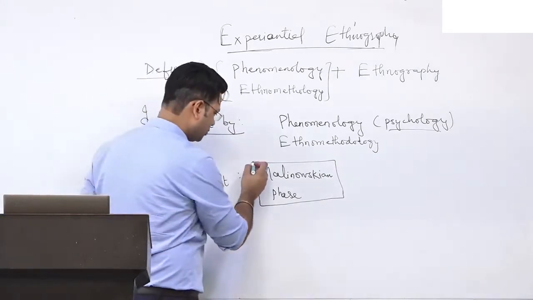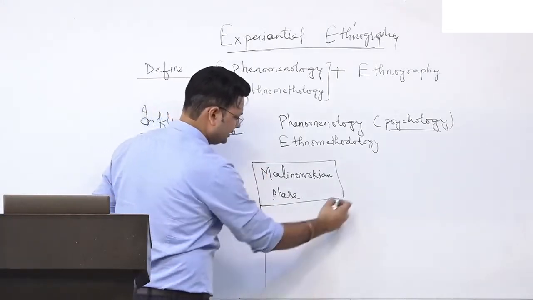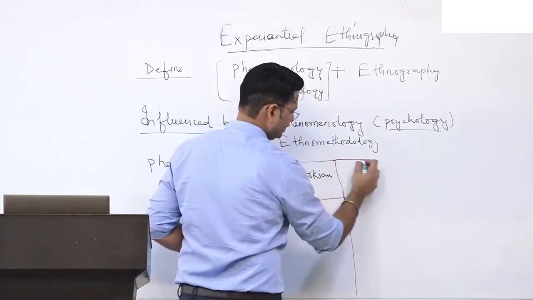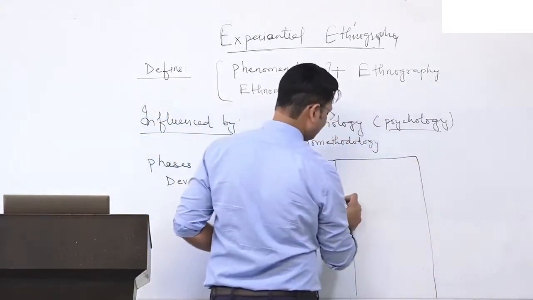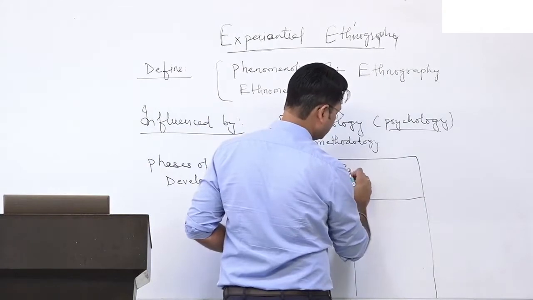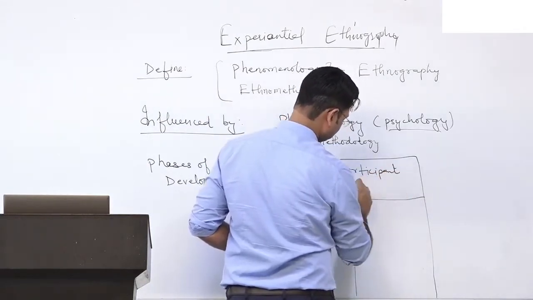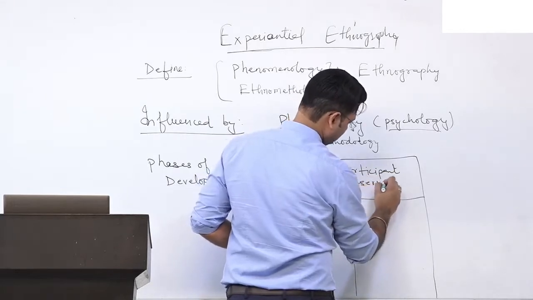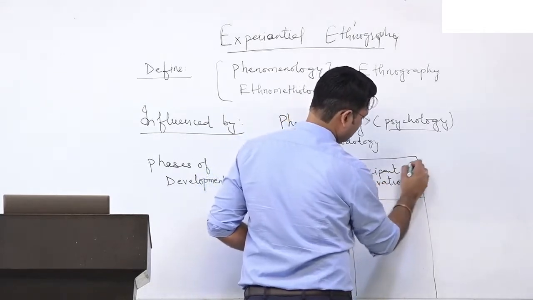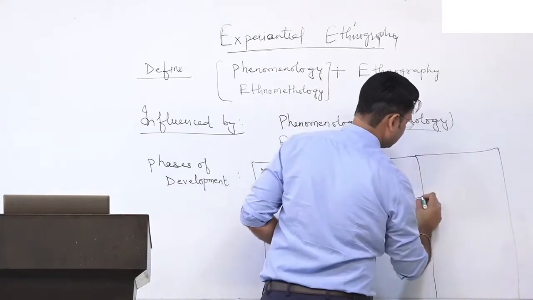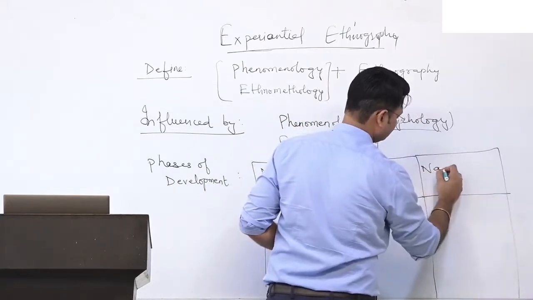And his approach was to understand the native's point of view. That ethnography was based on participant observation, and the purpose was to understand the native's point of view.